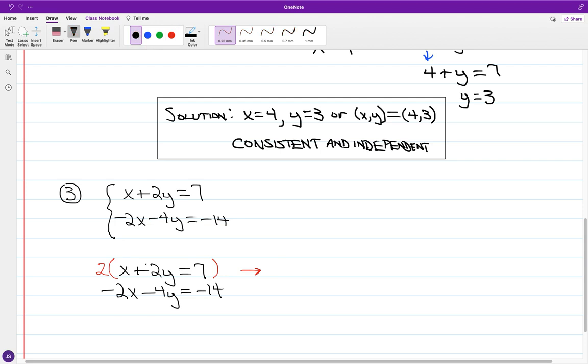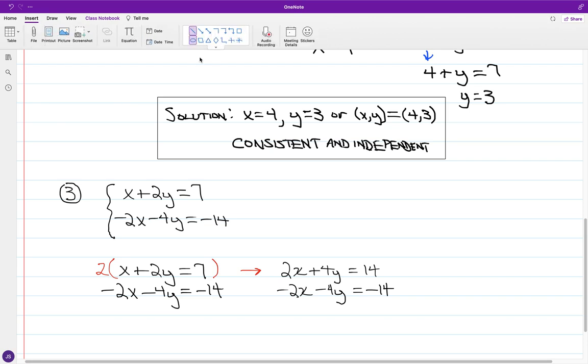Upon doubling the first equation, this becomes 2x plus 4y is equal to 14. And again, leaving the second equation as it is, negative 2x minus 4y is equal to negative 14.